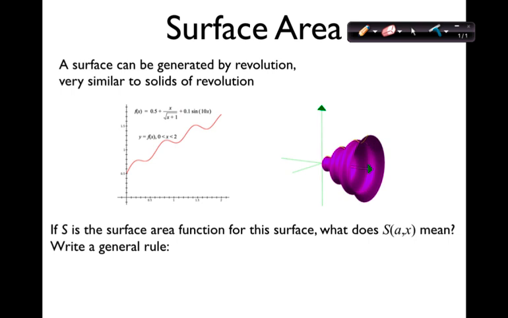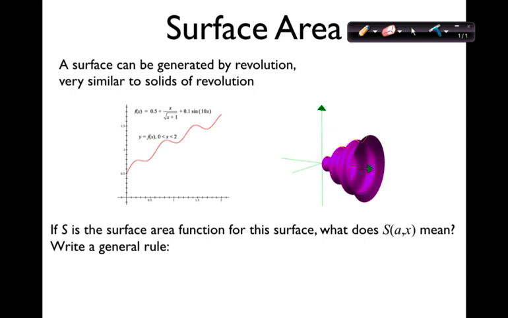So for surface area, we use capital S. Little s is for arc length, capital S is for surface area. So can you write a general rule for capital S of A comma x? We haven't gotten into the details yet, but you should be able to just write something down that would represent the surface area starting at A and then accumulating out to x.